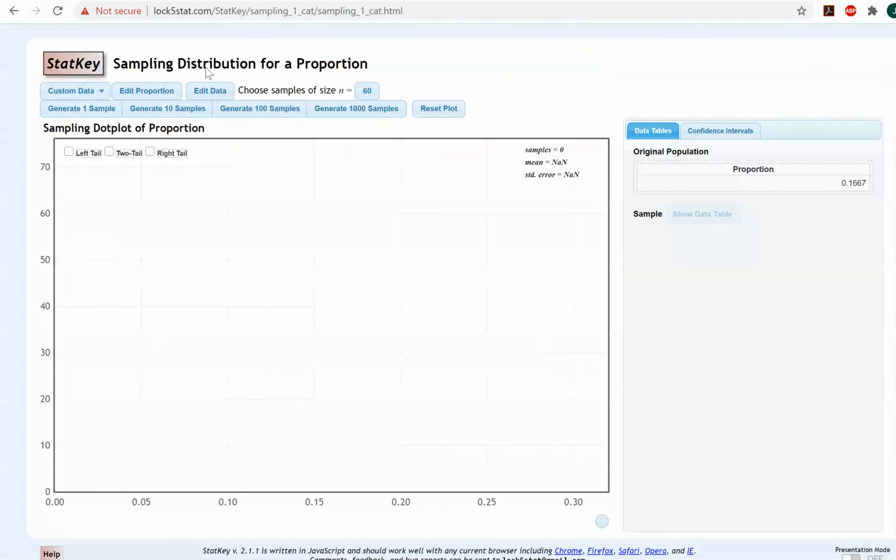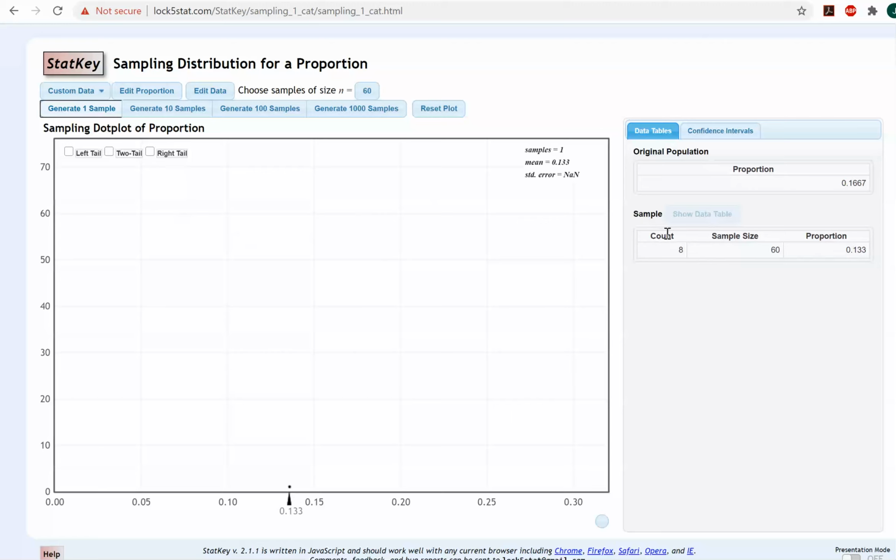So I have that original population, and what I'm going to do here is generate one sample. There are two pieces that show up: the sample and then the sampling dot plot of proportion. Oh, that's a mouthful. In the sample, what they collected here was a random sample.